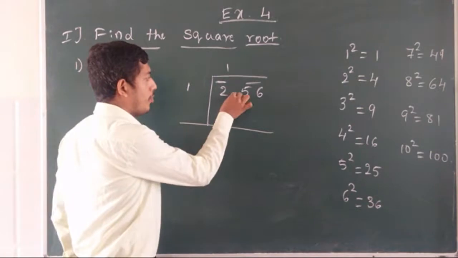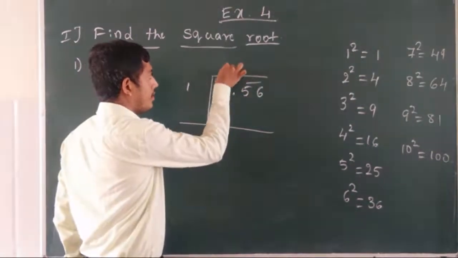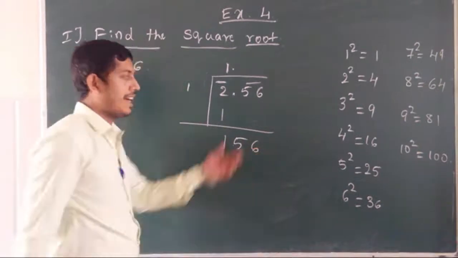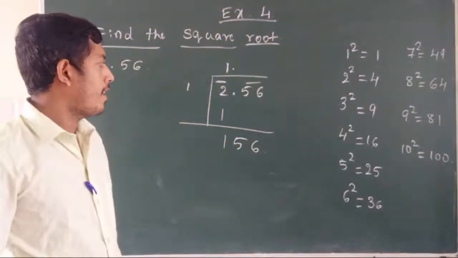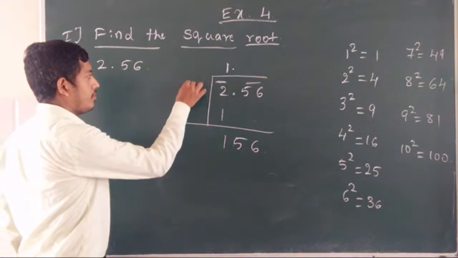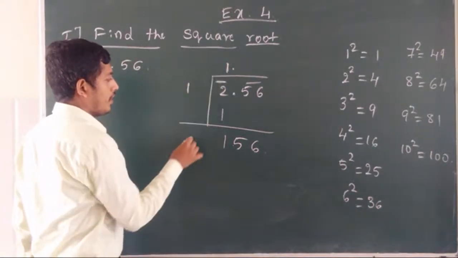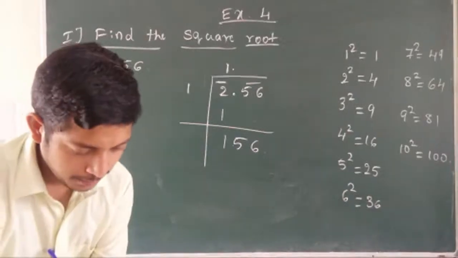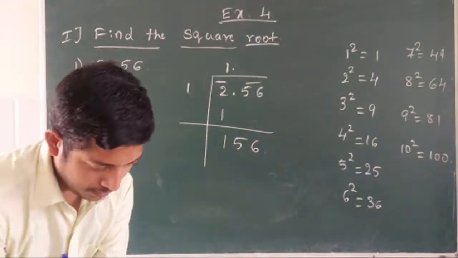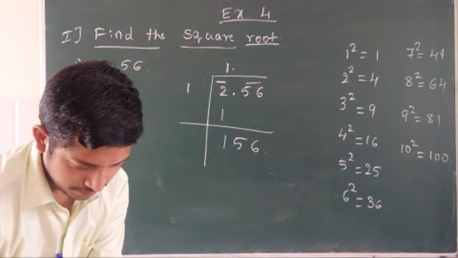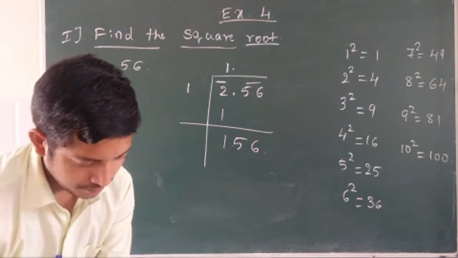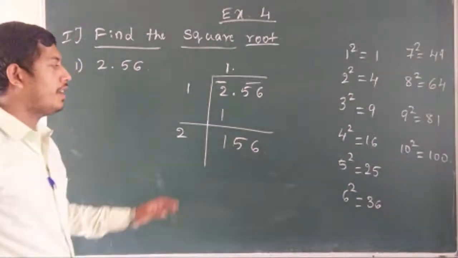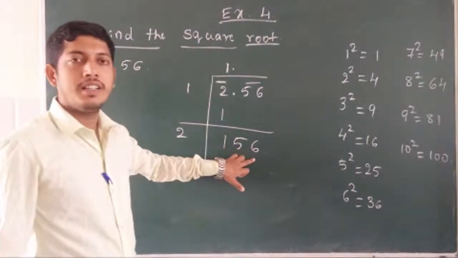Then the decimal point is there, so I will put the point here, and I will take the next two digits directly. Then what does it become? 1 plus 1, it becomes 2.